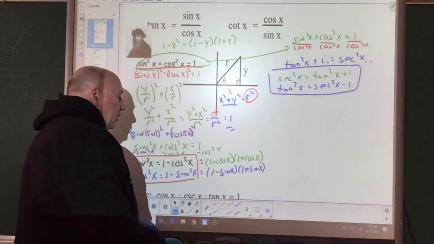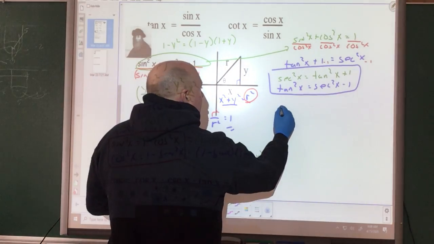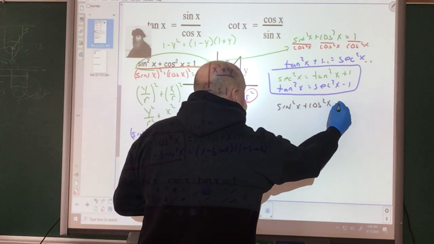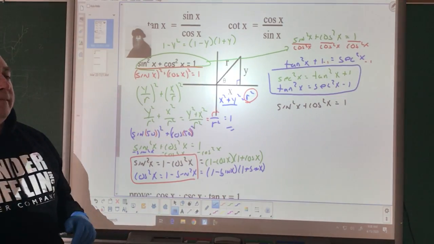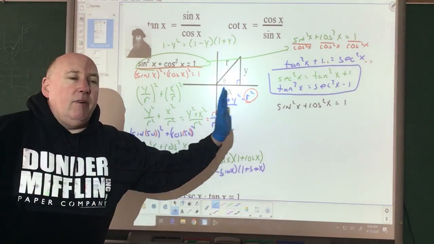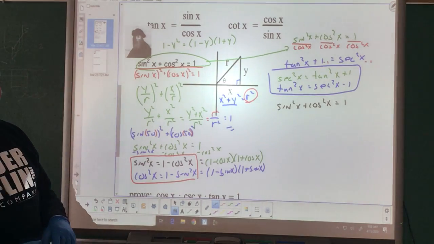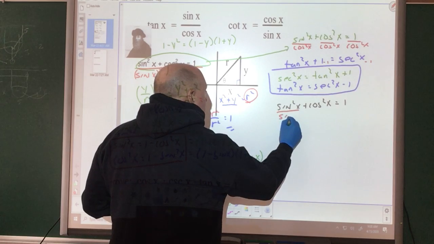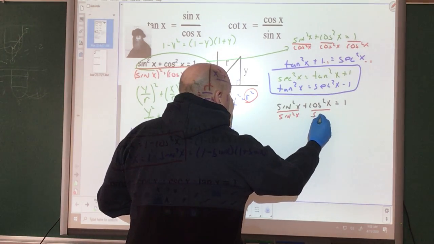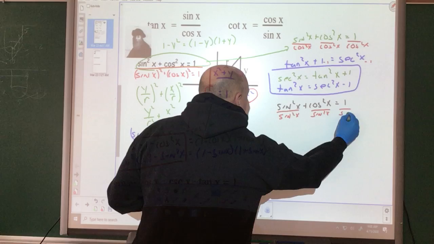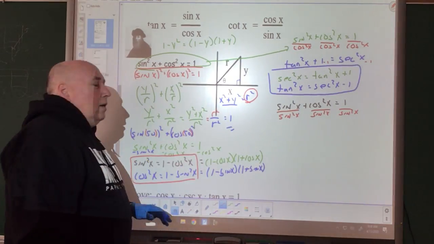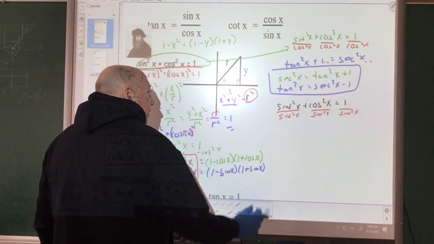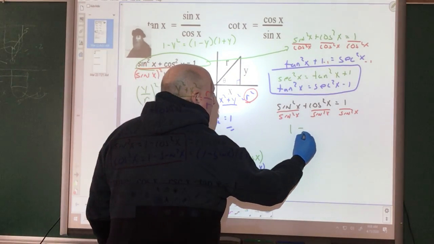Going back up, the sine squared plus cosine squared is equal to 1. If we would divide through now by sine squared, dividing everything through by sine squared, we have something divided by itself that gives me 1.